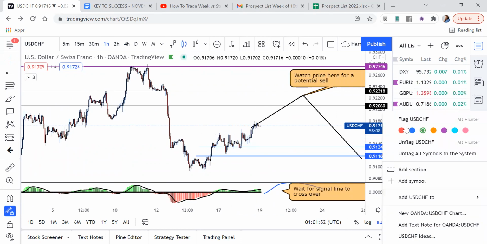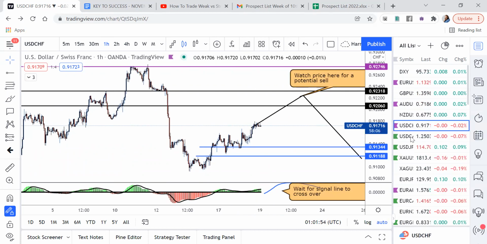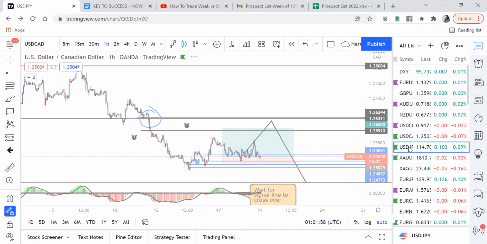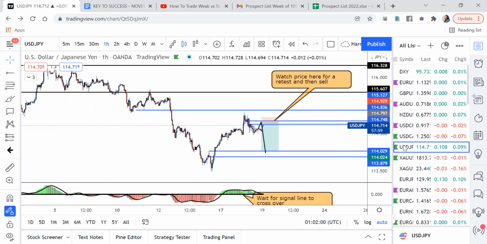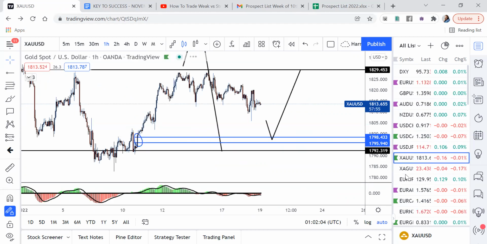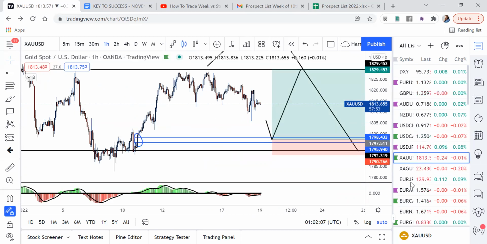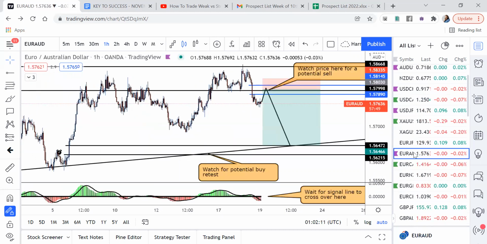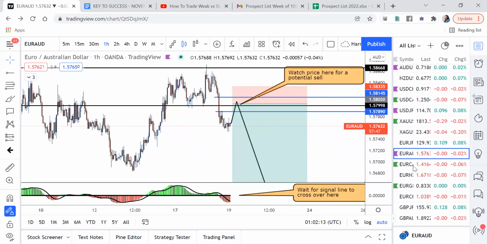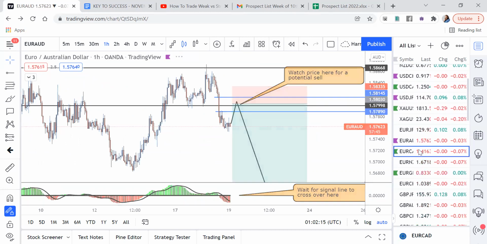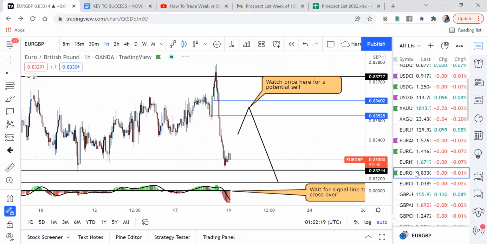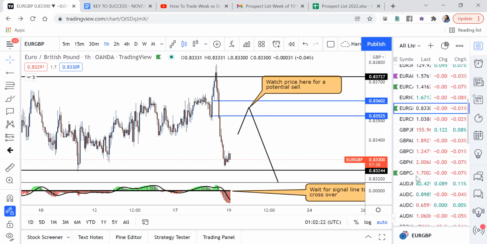Keep your eyes on USDCHF for tomorrow as well. We're currently in UCAD. UJ, definitely keep your eyes on that for tomorrow. Gold probably a little later on in the week. AUD, keep your eyes on this for tomorrow. EUR CAD, not tomorrow. GBP, not tomorrow.